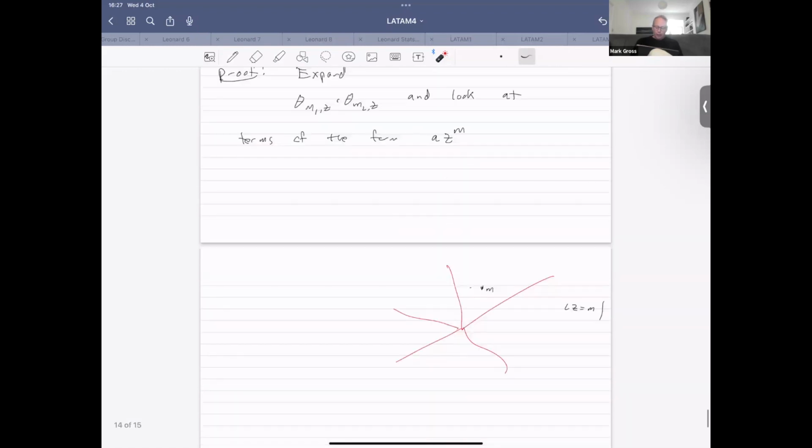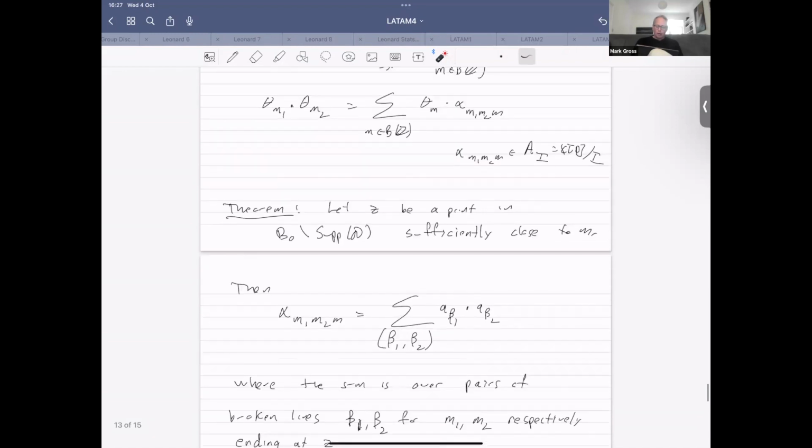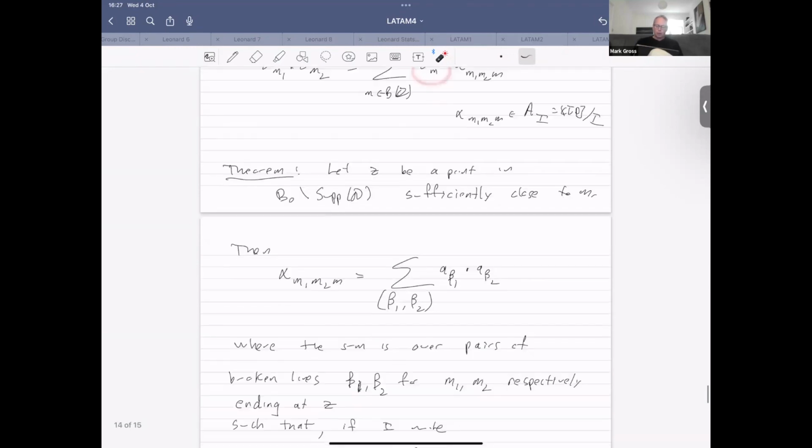The point is, how does a term a z to the m arise from a broken line coming in from some direction? It's not necessarily the fixed m that I chose over here, but some arbitrary m.